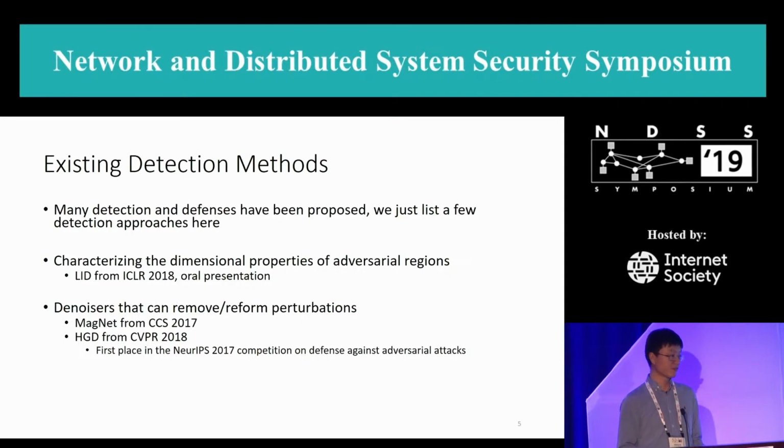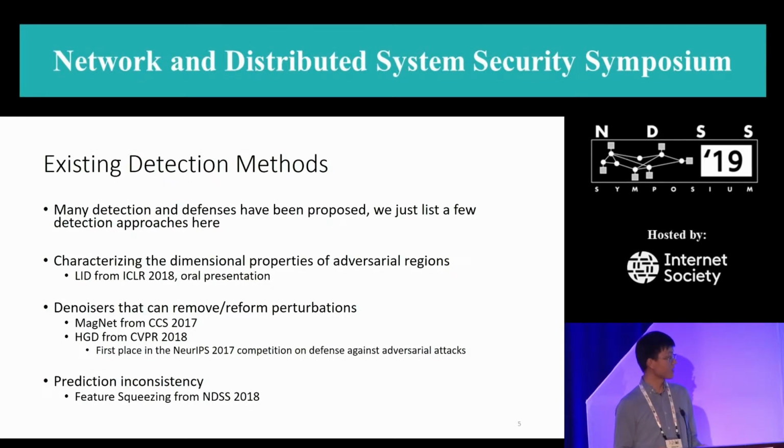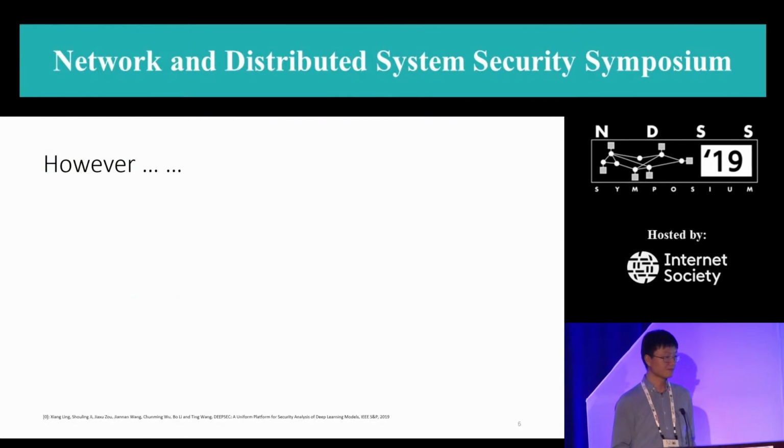HGD actually won first place in the NeurIPS 2017 competition on defense against adversarial attacks. The last category is prediction inconsistency, such as feature squeezing from NDSS 2018. It predefines a few squeezers, applies them on the original image, feeds all the images to the model, and compares the results to see if they are consistent. If they are consistent, the input is not an adversarial sample. Otherwise, it is detected as an adversarial sample.